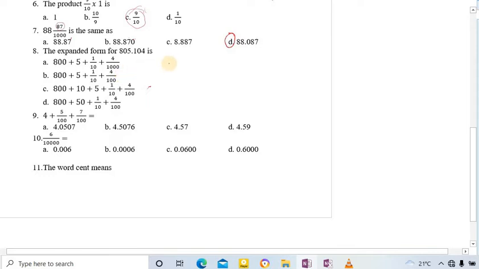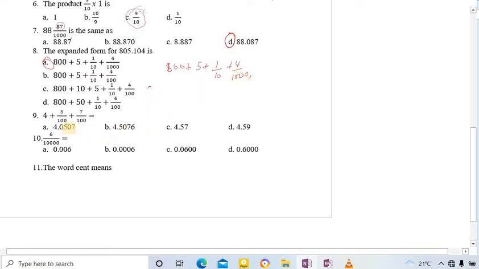So let's write it first and see if we can compare our answers here. So 800 plus 5 plus 1/10 plus 4/1000. Then this agrees with A, the answer A. Okay, so 4/1000, sorry.